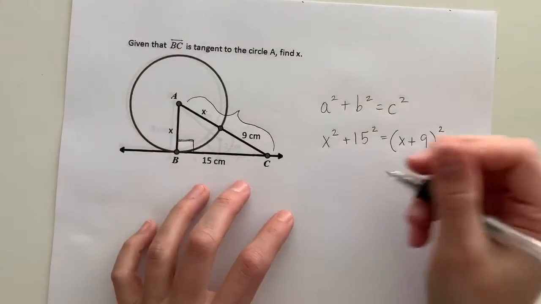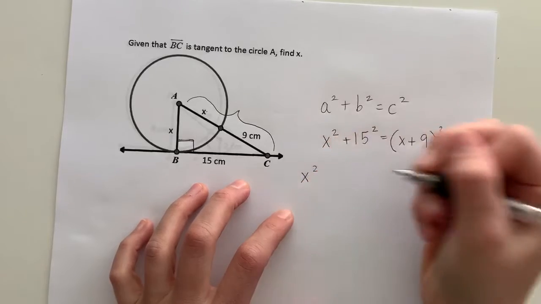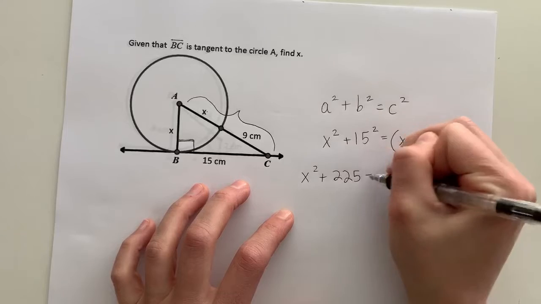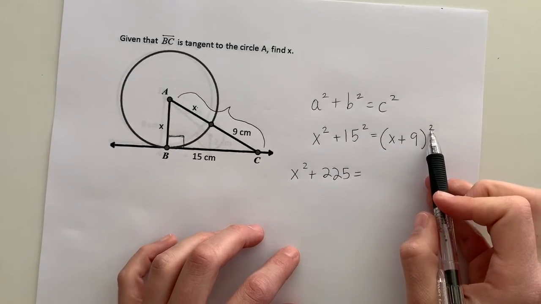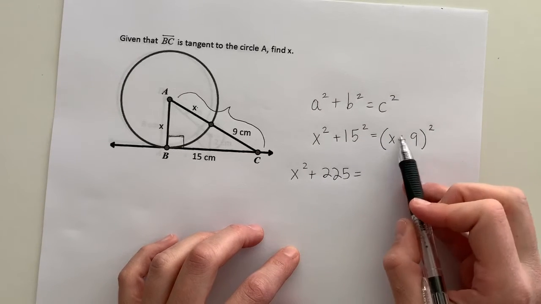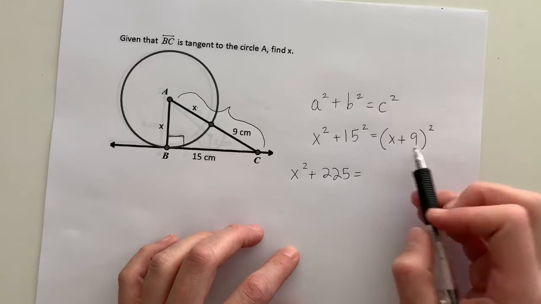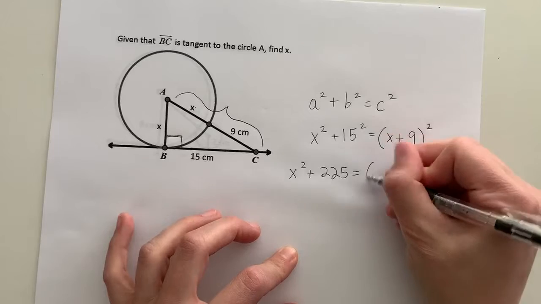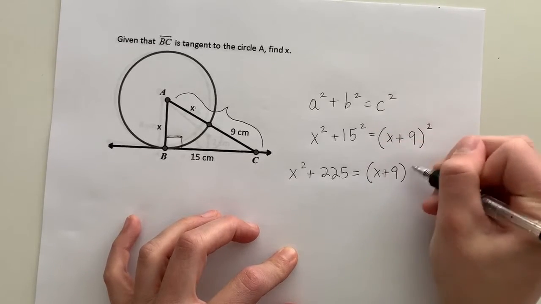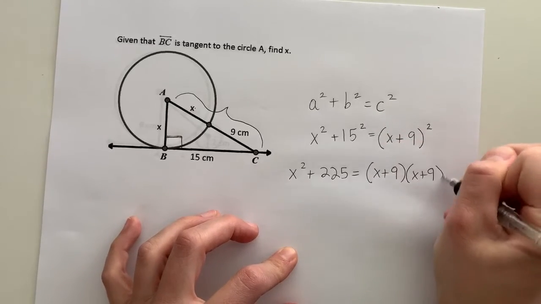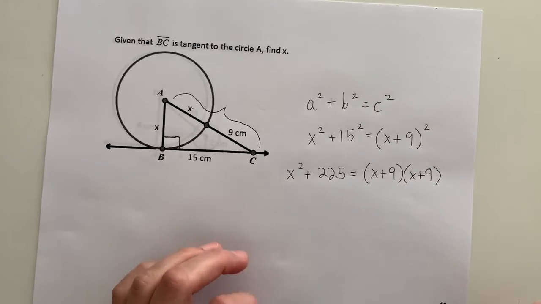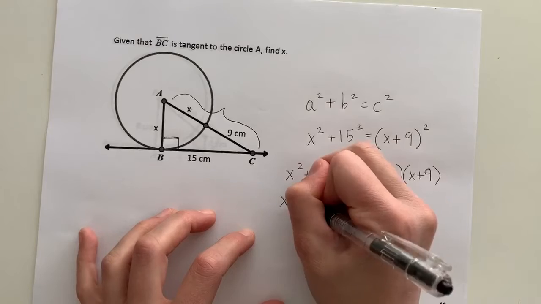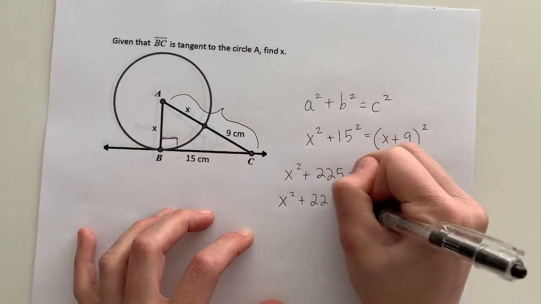So a little bit of work here because 15 squared is 225. Now, don't get tripped up. We're not squaring the x and squaring the 9 separately. Whenever I square a quantity, I'm talking about it being multiplied by itself, so I need to do a little bit of what you know as foiling here. I've got x squared plus 225.